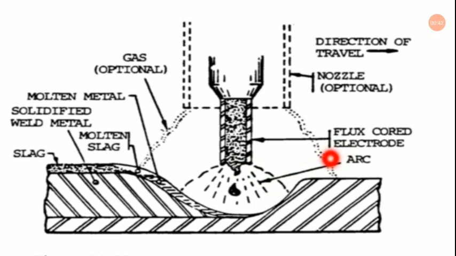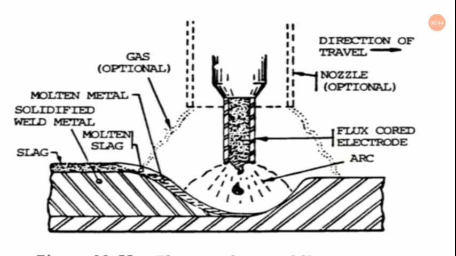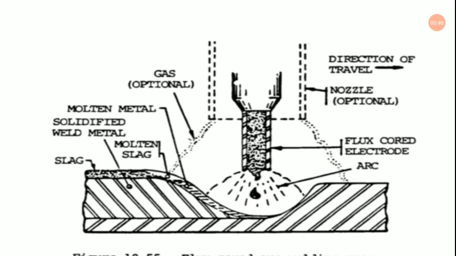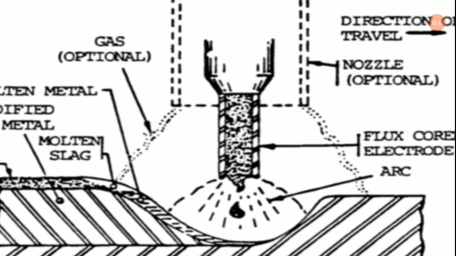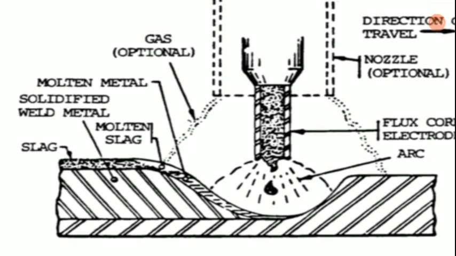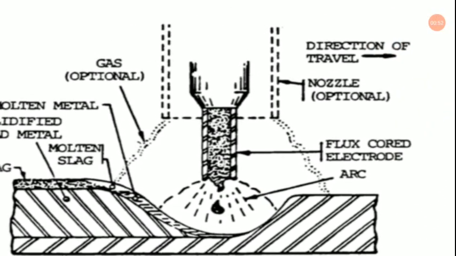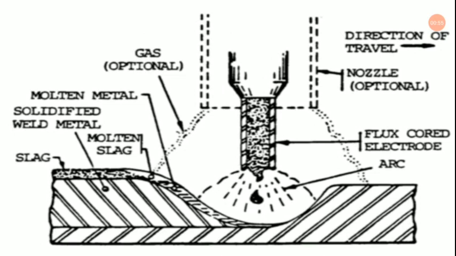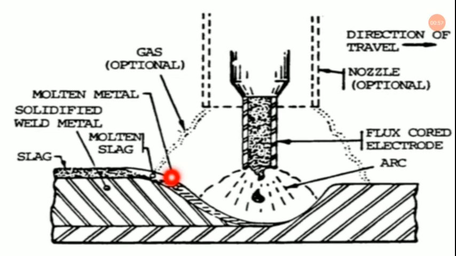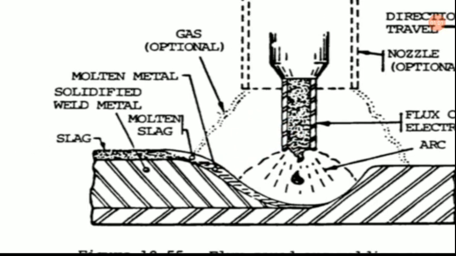The main thing is that the flux is added. In MIG welding also we sometimes use flux, and the rest of the things remain as they are, but here the shielding gas is optional.